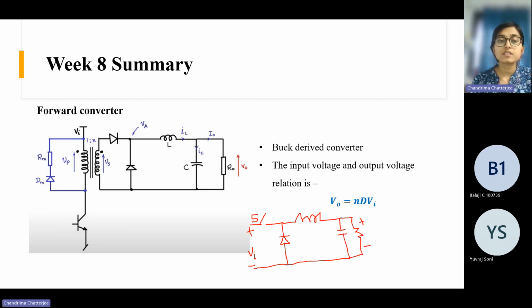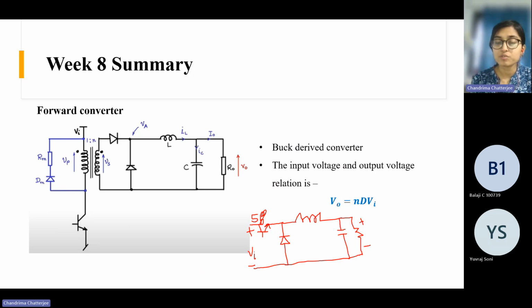Now for deriving this topology, first look at this switch. Suppose there is a BJT like this. If you have a BJT or MOSFET or any other device, these are controlled switches, so you need to give some control inputs in order to turn on or turn off the device, right?